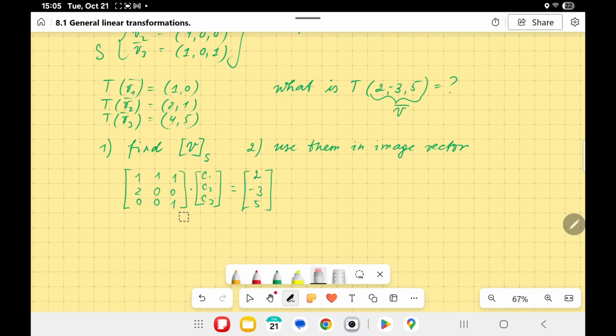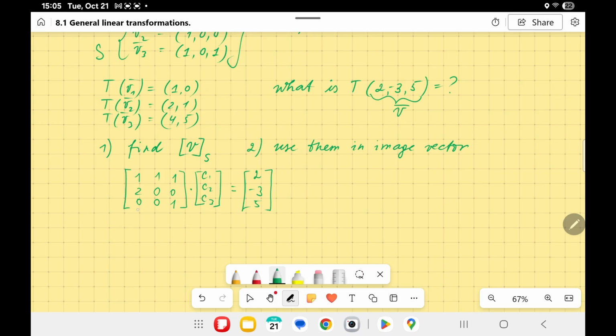Well, it's not exactly row echelon form, but we probably can easily solve this because we do have one leading variable here and one leading variable here. If you exchange the first and the second rows, you can have one leading variable and eliminate something here. I'm going to use back substitution.